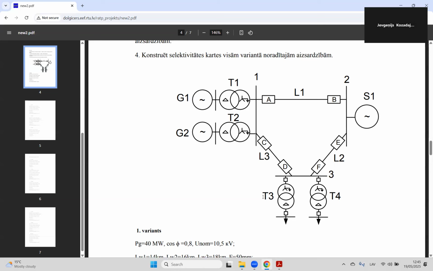Okay, current: device A, device B, we will see the same current, but the voltage is different. And it is very interesting how the voltage and current vector values will look here. And this is our task.